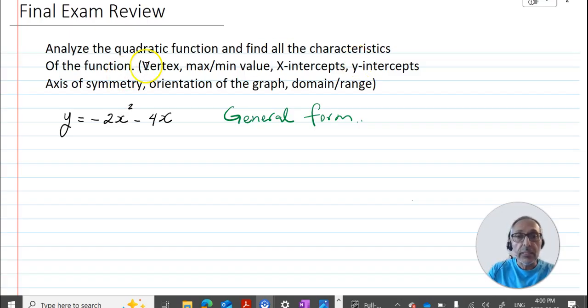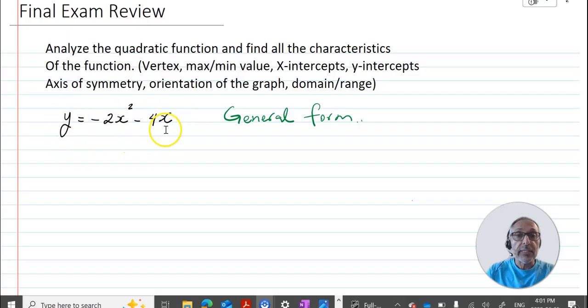And that means I have listed all the necessary and important information that you can extrapolate from a given quadratic function. Now, this equation or function is given to you, but the way it's set up, I did it on purpose, so that you have to do a lot to get all this information out of this equation.